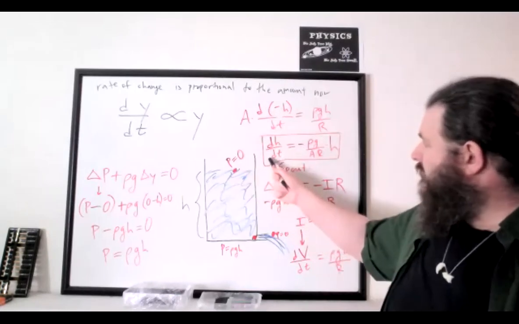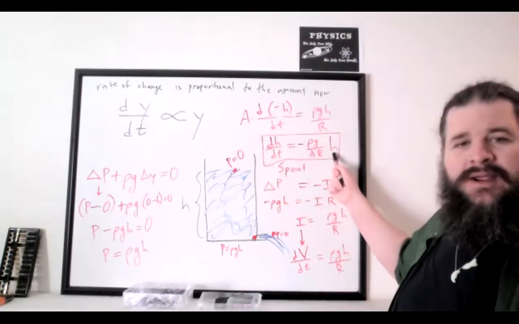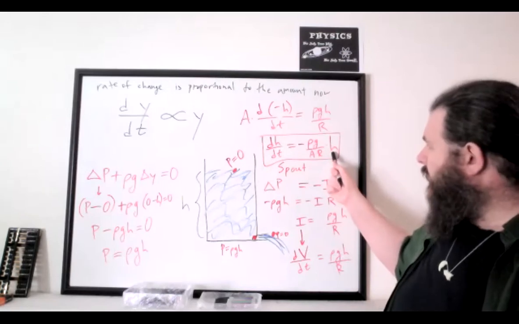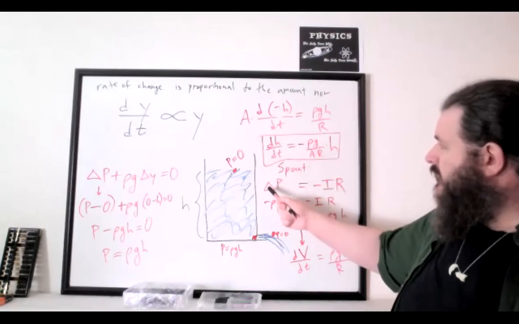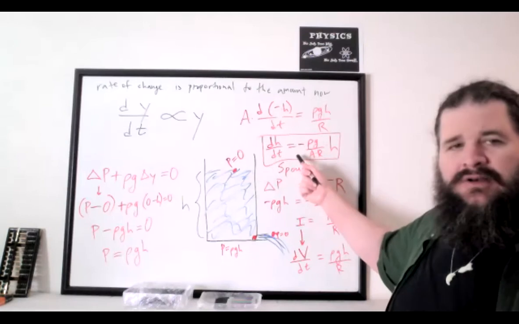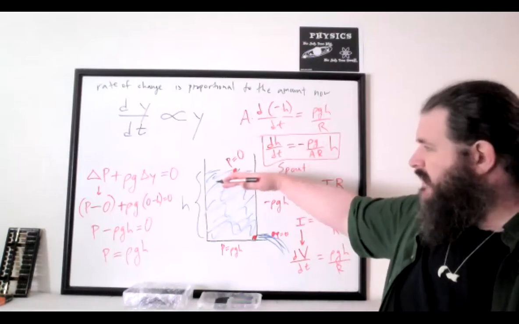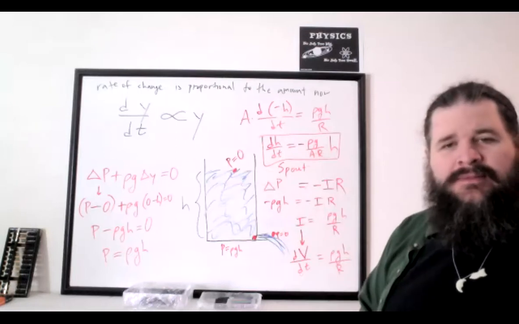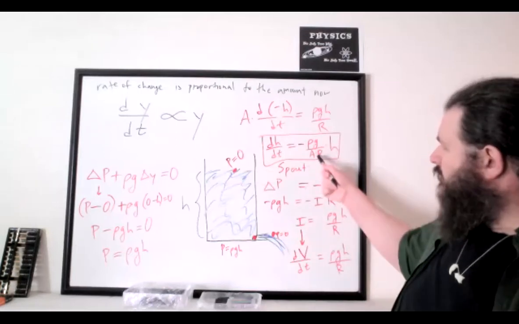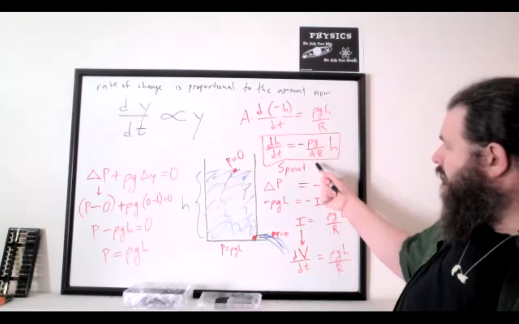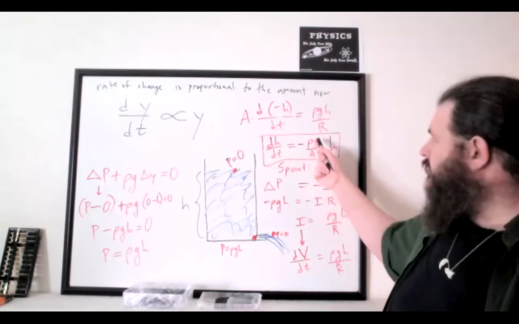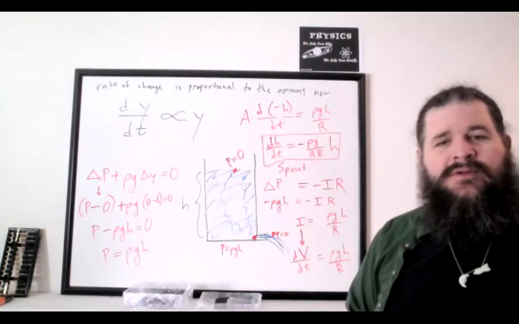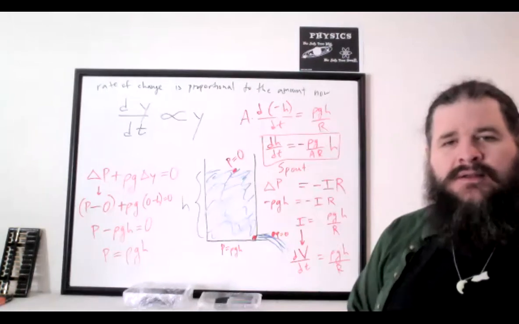That how quickly height is changing depends on what the height is right now. More height right now means a faster change, but it's a change in the negative direction. What's going on is height is decreasing, so we need a negative to make those signs match up. And then rho g over AR, density times gravity over area times resistance, is just a constant of proportionality influencing how fast it's changing.